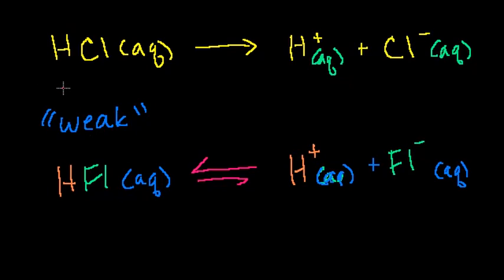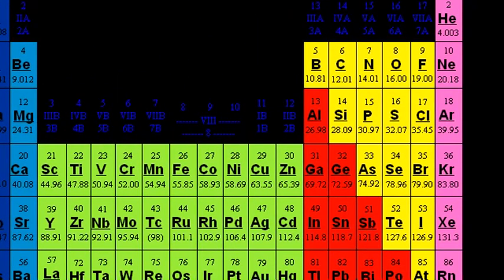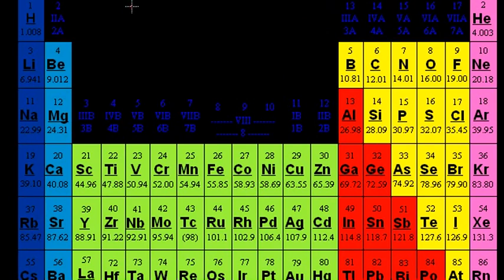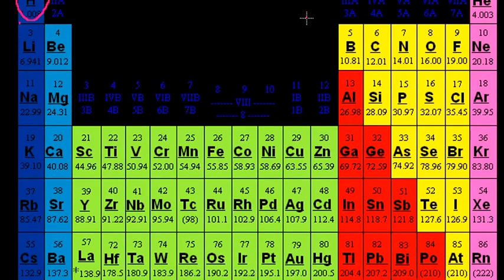And just as an aside, you might wonder, hey, aren't fluorine and chlorine both halogens? Why is this a weak acid while this is a strong one? This is something I always used to wonder about. So in general, hydrogen likes to form bonds. Remember, alkali metals, we included everything below hydrogen.